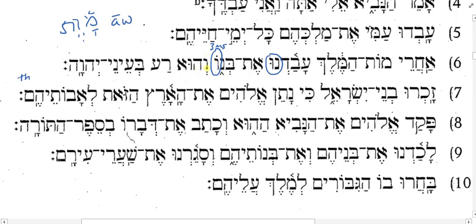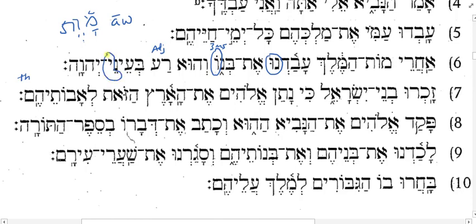Yeah. And or but, he was evil. This is an adjective. Is it attributive or predicate? It's a predicate. It's what he was, right? He was evil. And this b'einei Adonai is telling us in whose regard he was evil. He was evil in the eyes of.